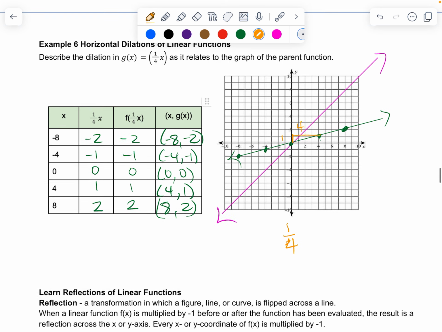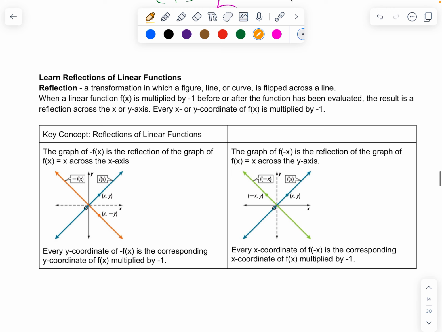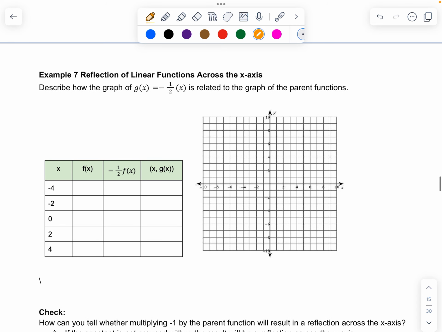Then we have reflections. So reflections, if I have this on the outside, you reflect over the x-axis. If it's on the inside, you reflect over the y-axis. So all we're doing is reflecting it. Okay. So remember, this is equal to x, so all these numbers are the same. Okay.